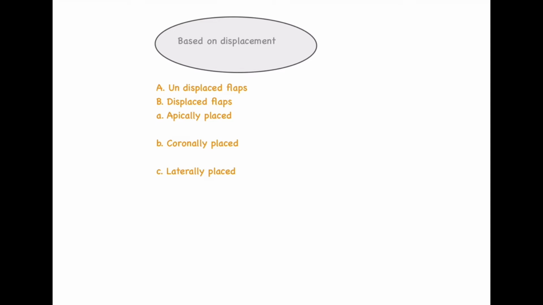In case of coronally placed flap, we are advancing the flap towards the coronal portion of the root, and in laterally placed flaps we are basically just rotating the flap towards the adjacent teeth. Okay, we are just moving the flap to cover any defect which is lying adjacent to our flap.